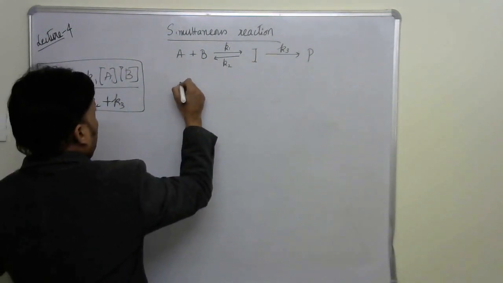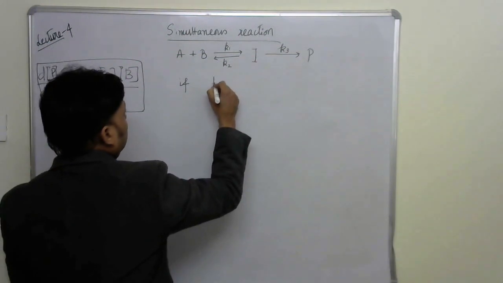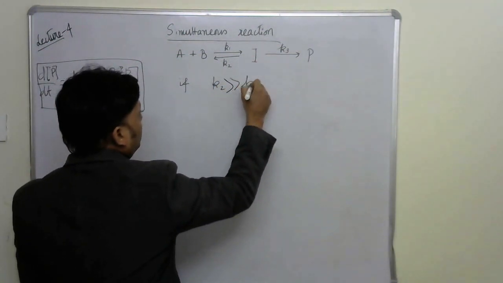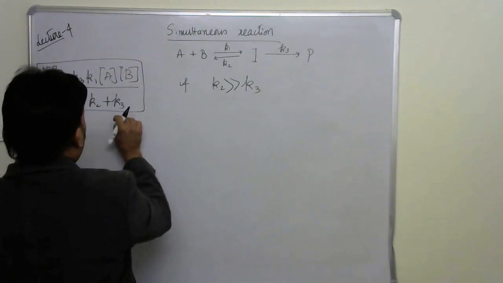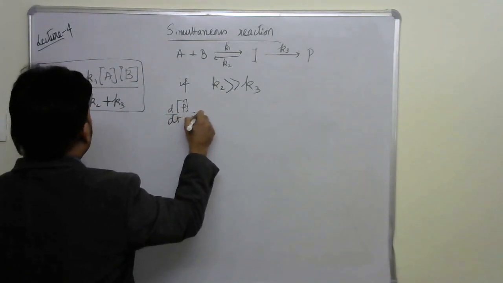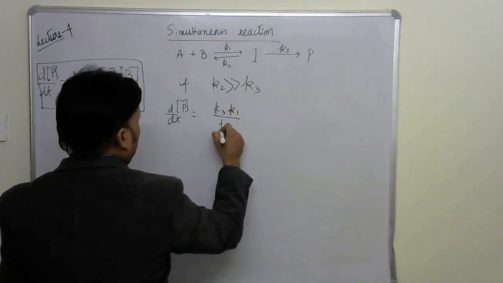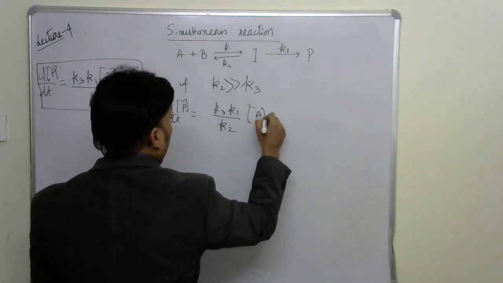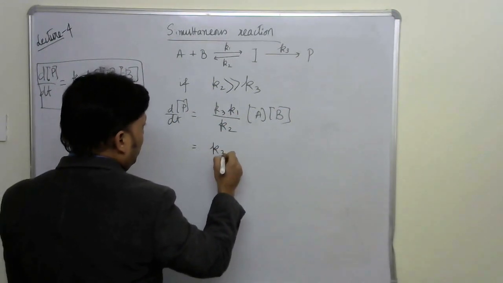So now what if we consider that in this equation k2 is much greater than k3. So if k3 is negligible with respect to k2, therefore this dP/dt becomes equal to k3 k1 divided by k2 multiplied by [A] multiplied by [B], equal to, we can write it here, k3.